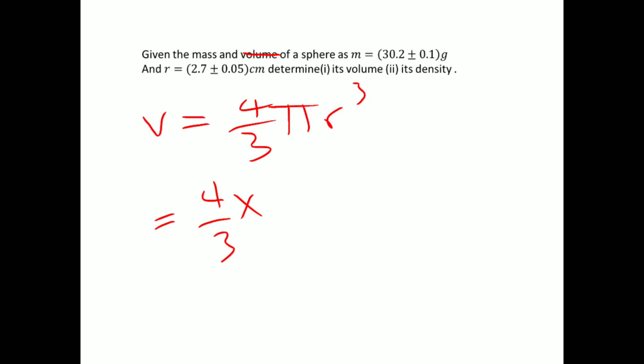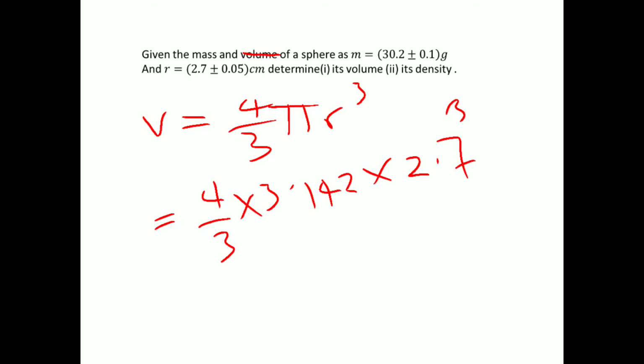We know that the volume of a sphere is V equal to 4 over 3 pi r cubed. When we substitute values, we get 4 over 3 times pi, which is 3.142, times r, which is 2.7 from the question, raised to power 3.